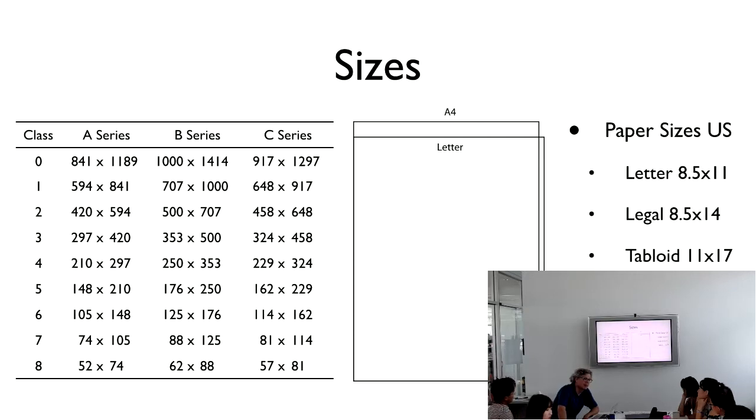I bet you all used B5 or B6. I'm certain of it. School? No. When did you ever see something B5, B6? Don't even know what it looks like. Letters. Yeah, with letters. The envelope. Yes, it's envelopes. So the B series are envelopes. So A fits into B, B fits into C.